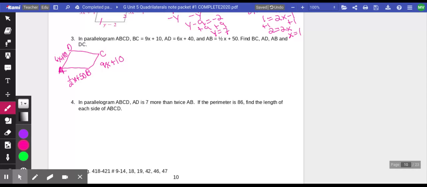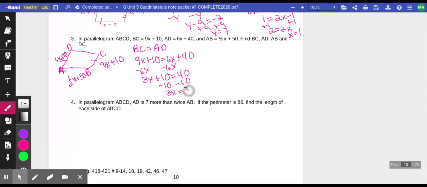So in a parallelogram, opposite sides are congruent. So that means BC is equal to AD. So that means 9x plus 10 is equal to 6x plus 40. So we solve that. We get x equals 10.